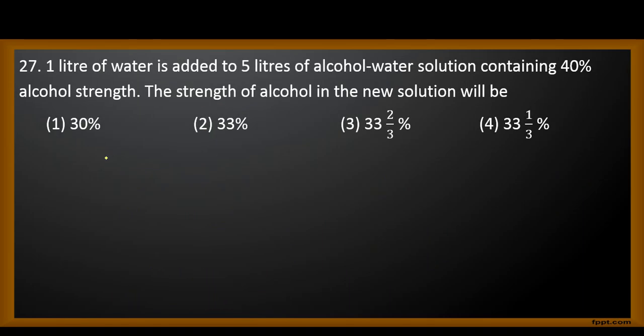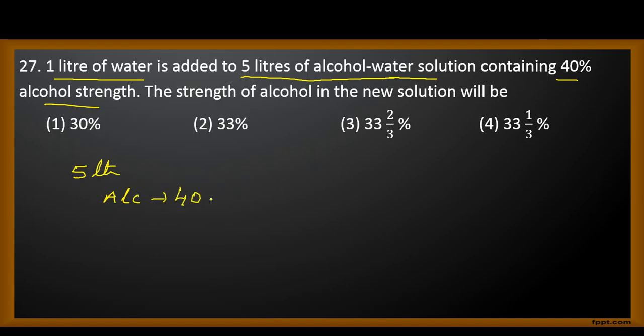See here, 1 liter of water is added to 5 liters of alcohol water solution containing 40% alcohol strength. The strength of alcohol in the new solution will be? Now look at the question. In 5 liters, alcohol is how much?